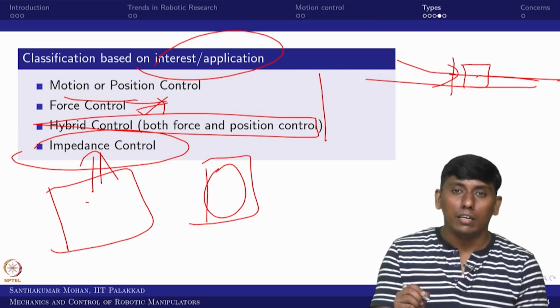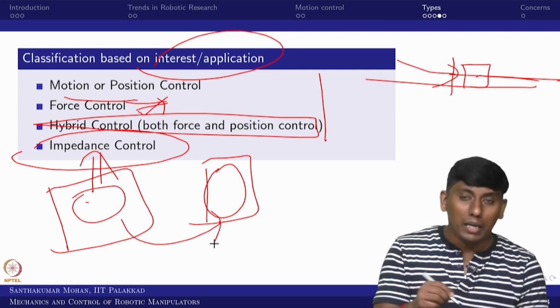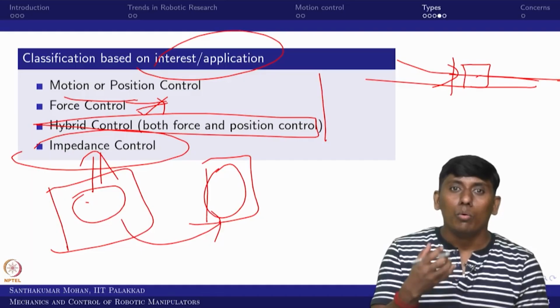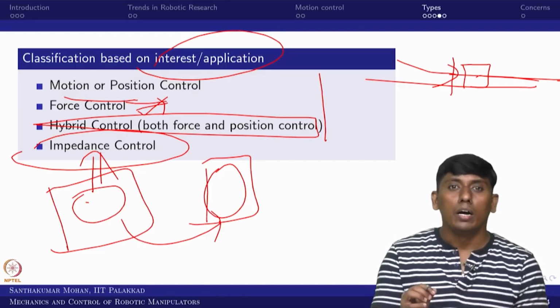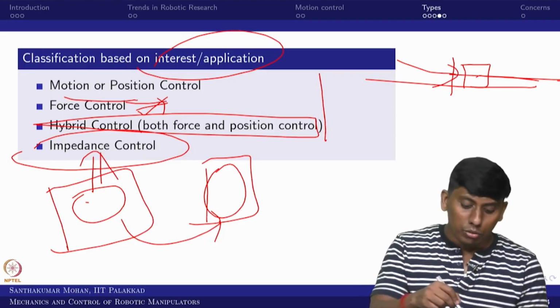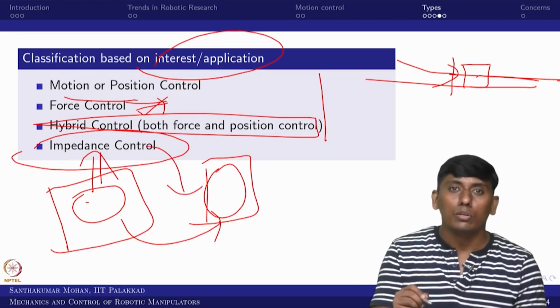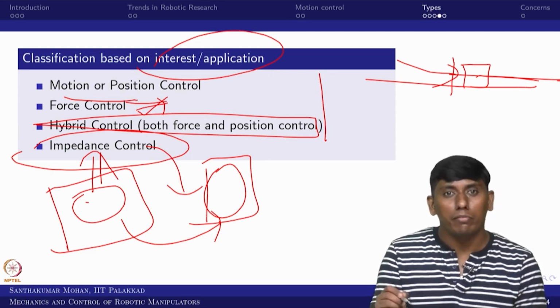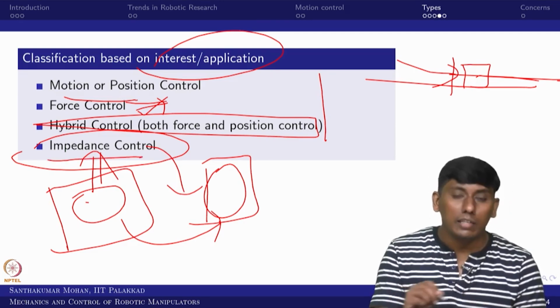In that case you need to have feedback about what exactly the original manipulator is doing. Then we will provide the impedance control. This is most commonly used for teleoperated or haptic devices, so that is what we have put as a separate class.